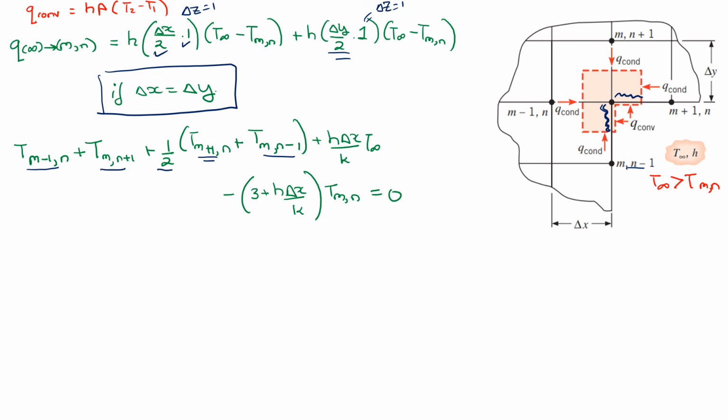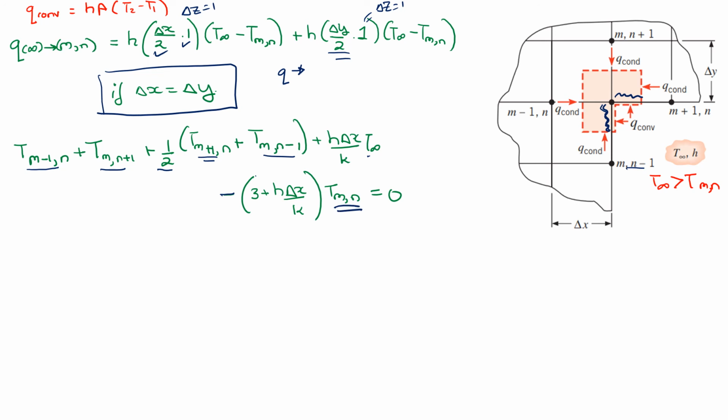And I want you to do the math, so take all the q's that we found and substitute them into the equation that we had in the previous slide and see if you get this particular equation. So we have a convective term which is h times delta x by k into T infinity, minus 3 plus h into delta x by k times T of m comma n.